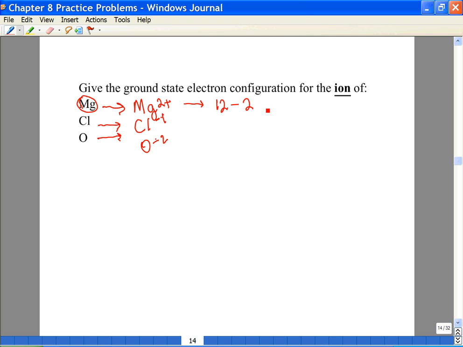Subtract 2 from that because you removed 2 electrons. And now you have 10 electrons total. And that gives you 1s2, 2s2, 2p6. And that's the same thing as the neon core, a neon shorthand configuration.